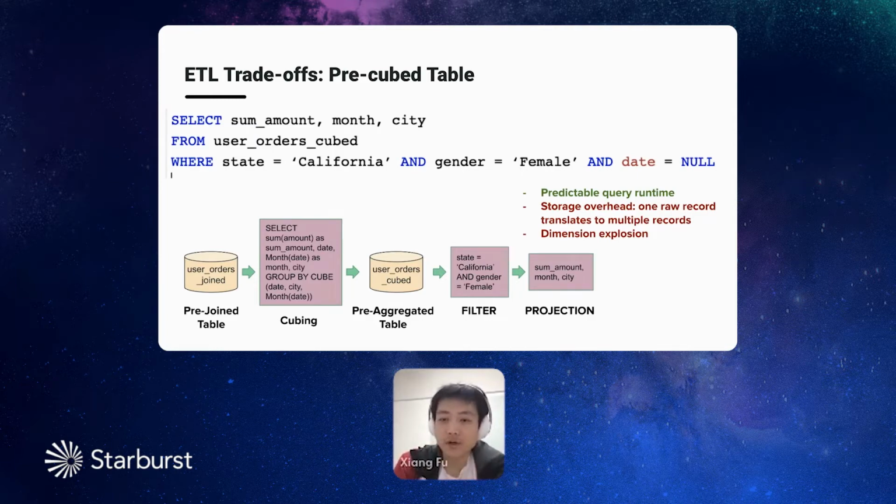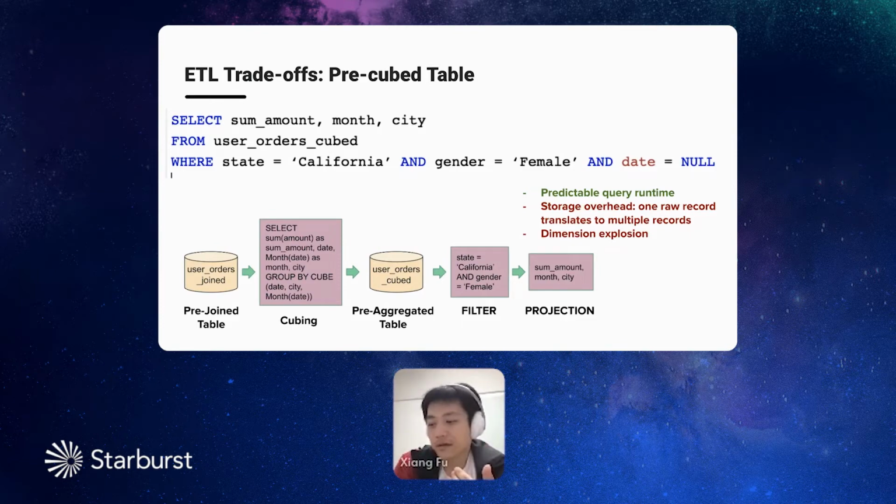So for example, now we can say we have a fully cubed table, and then we will just say we want to select the sum amount and the month and the city based on given criteria. So we will basically change the query into this, where my date equals none kind of thing.